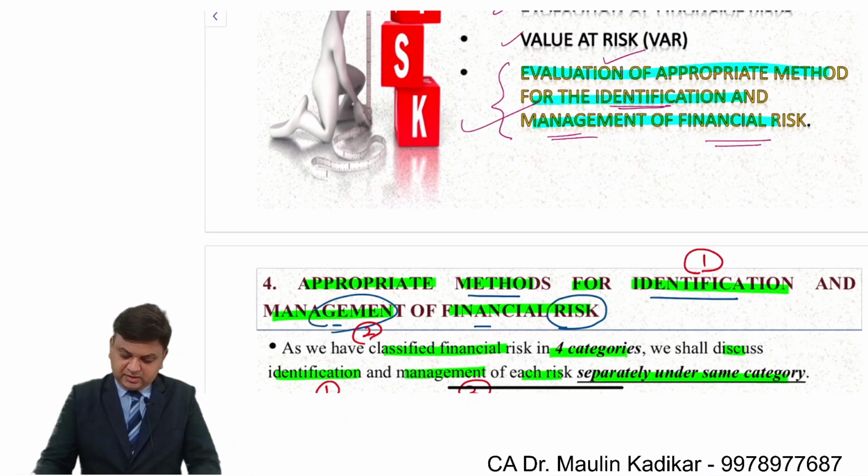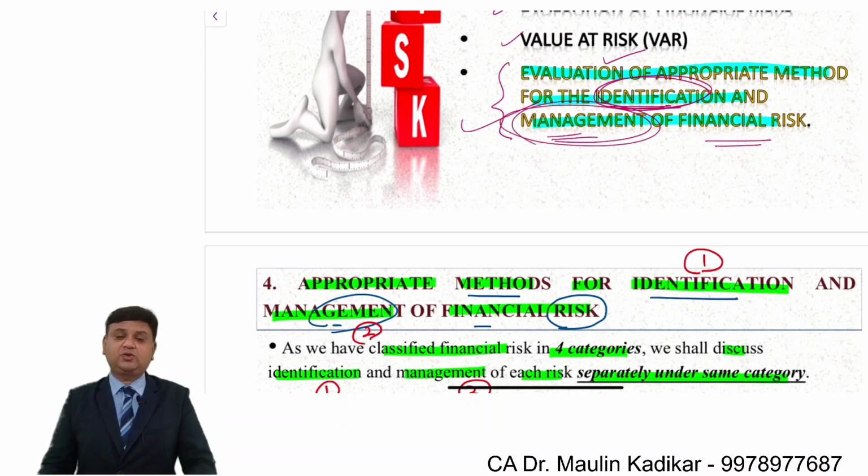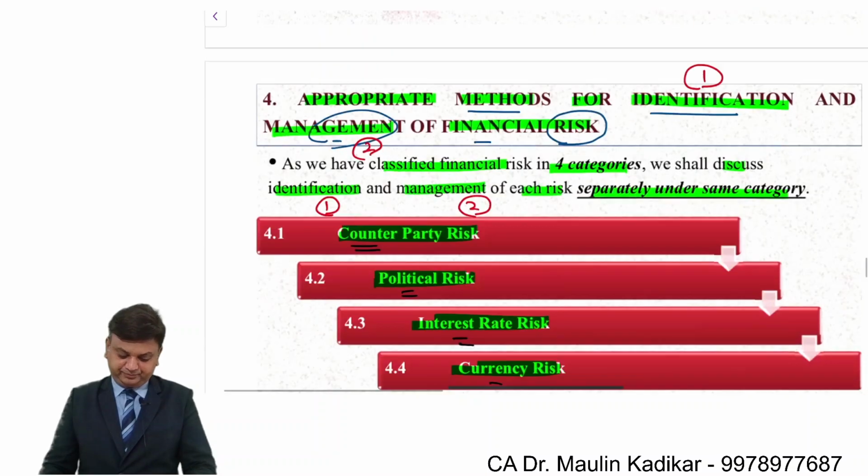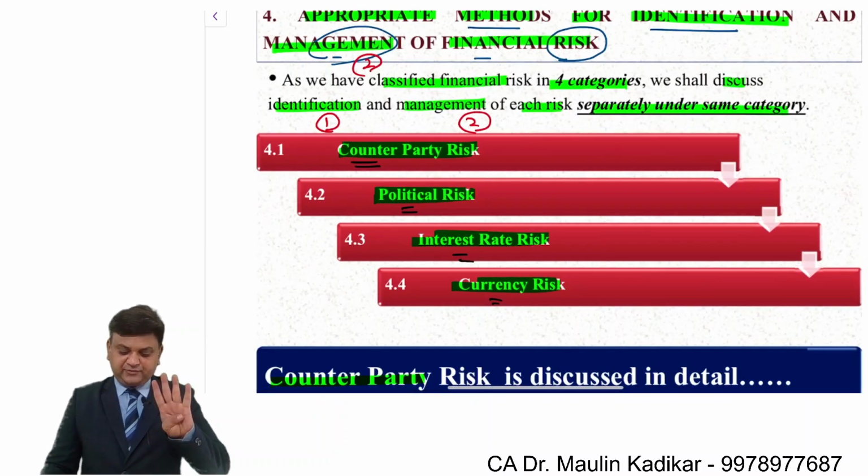So first is identification, which they are focusing on, and the second thing is management. Management means how you can nullify or hedge that risk. There are 4 risks they are focusing on.